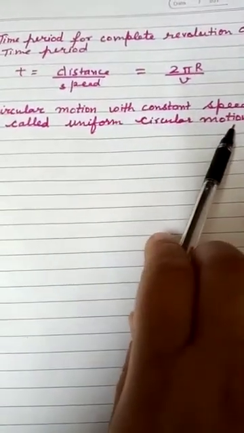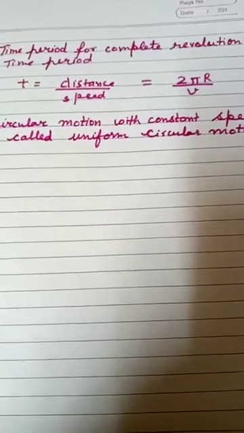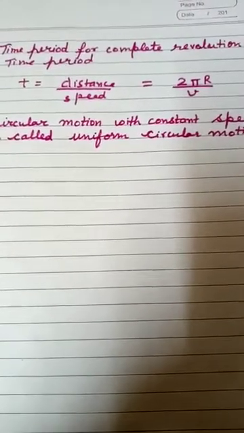Again, keep in mind that circular motion is also known as accelerated motion and uniform circular motion, because speed is constant and the direction changes at every point.